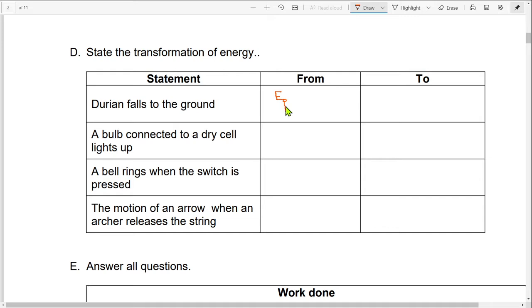Fall to the ground, so meaning to say it will be in motion, correct? So here I have kinetic energy. And when it hit the ground, definitely you will hear sound. So some of the energy will be transformed into sound energy.